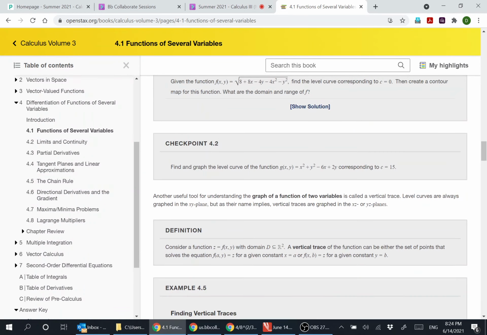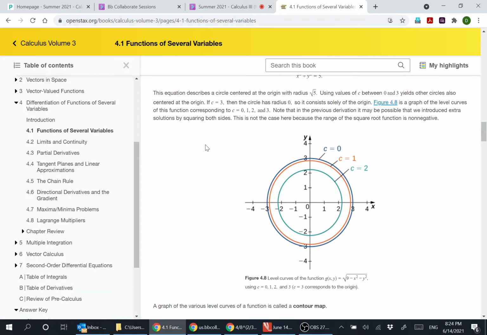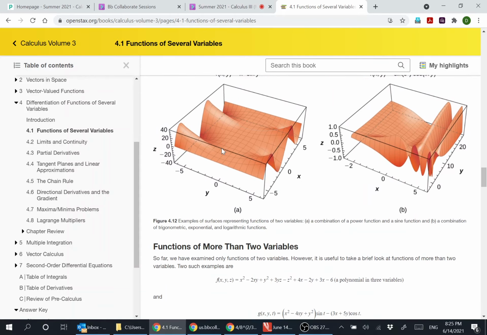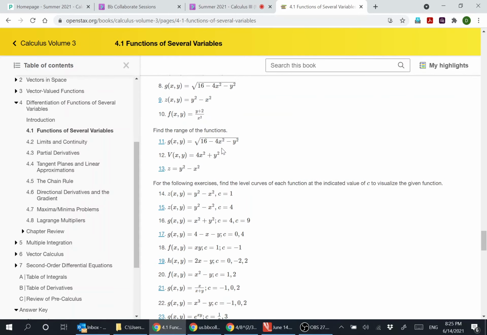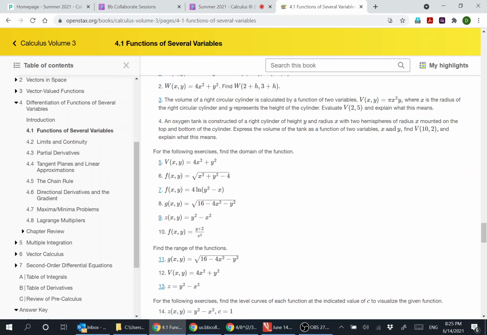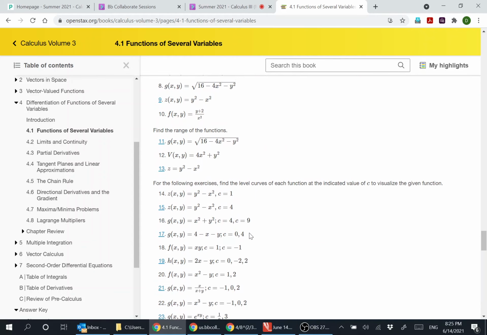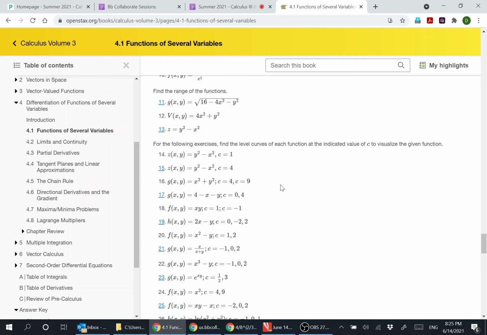So in 4.1, on level curves: find the level curves of each function, the indicated values of c to visualize the given function.